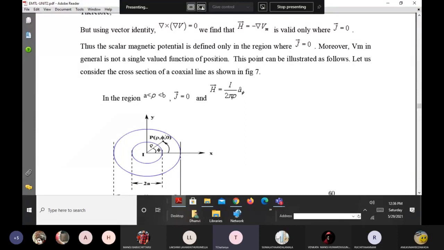With the help of Ampere's circuital law, we have already recognized that for a circular loop current carrying conductor, the magnetic field intensity H bar equals I by 2 pi rho. This is a standard equation, which I have already derived with the help of Ampere's circuital law. Rho is the radius of the point from the origin.